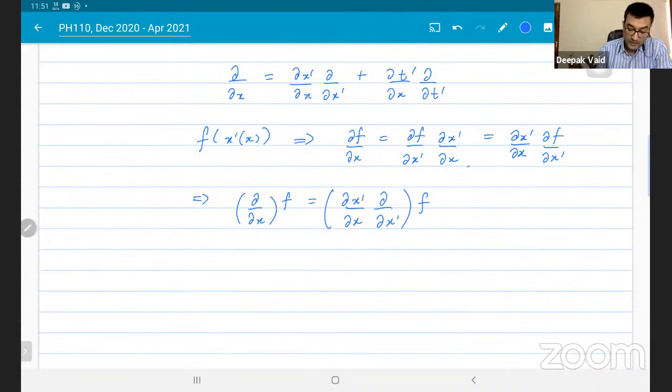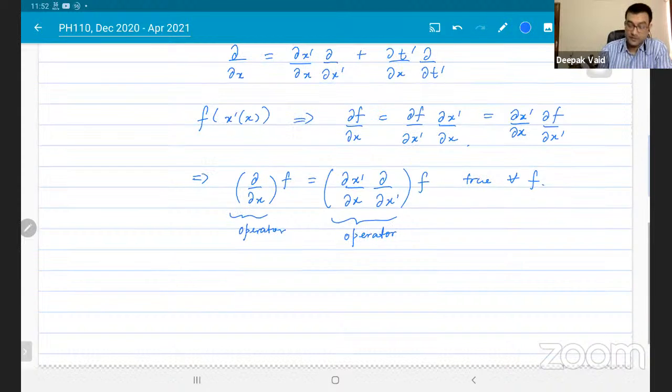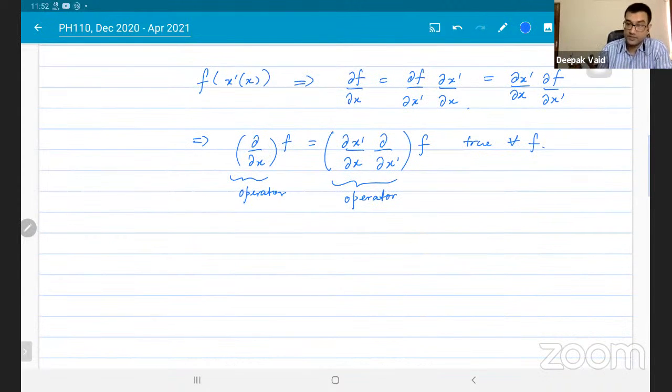But now what I have done is I have separated the operator. These are operators, and this is true for all functions f. This applies for any function as long as that function is differentiable.